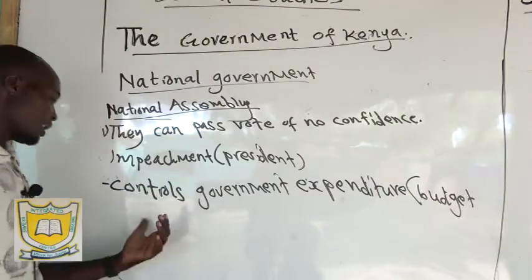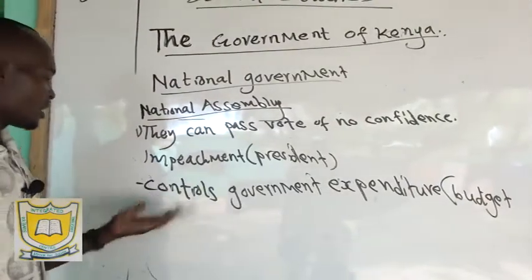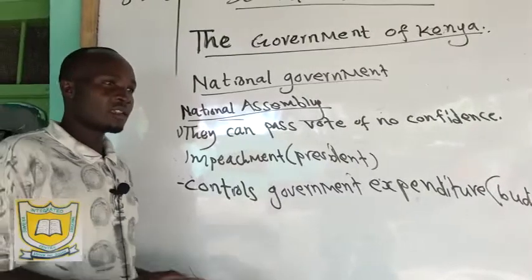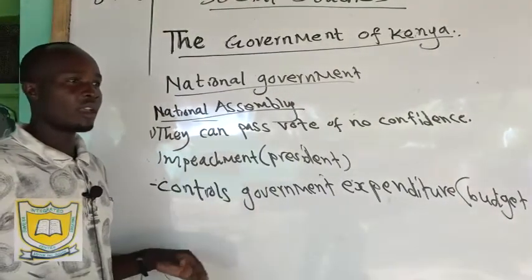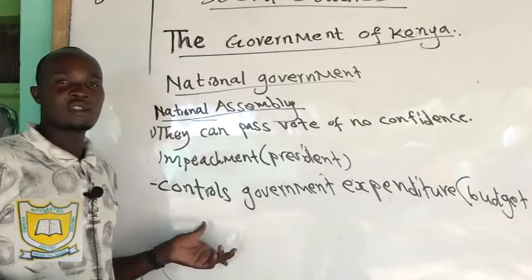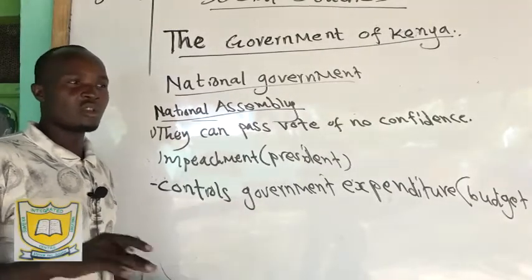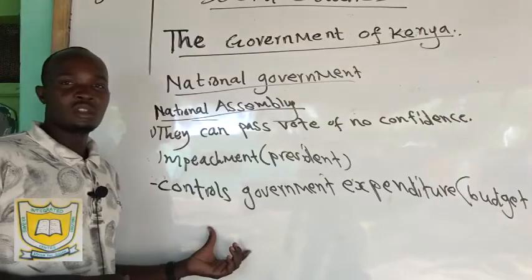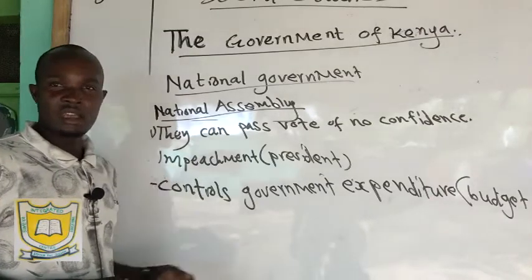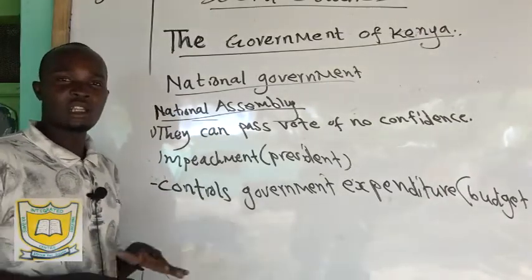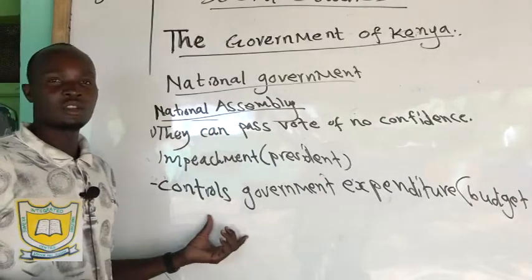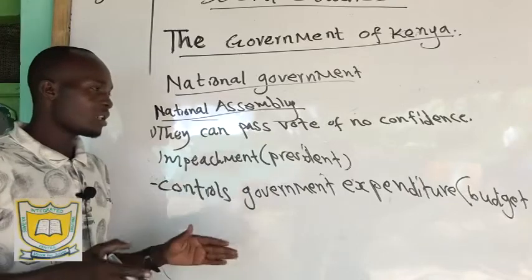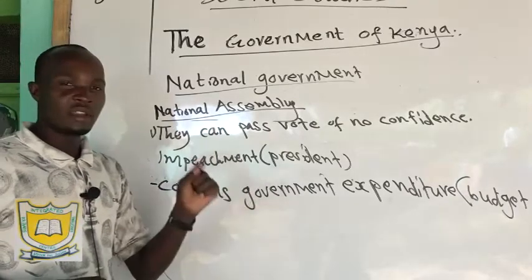Of recent you have heard about the budgeting. The budget is approved by the parliament. Like the other time you saw the Senate did not want to approve the schedule of the new budget for 2021. It went around 10 times. The senators were not agreeing on that platform, but at the end of the day, it came to an agreement. So that's what we're talking about. The parliament also approves the budget of the government.